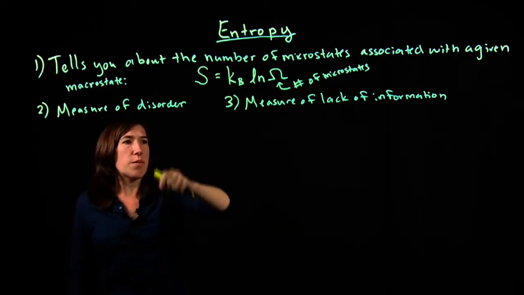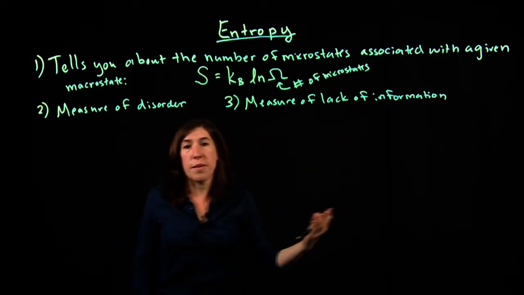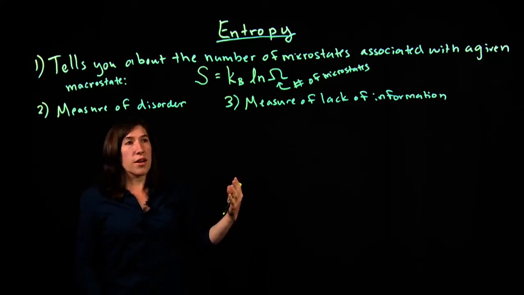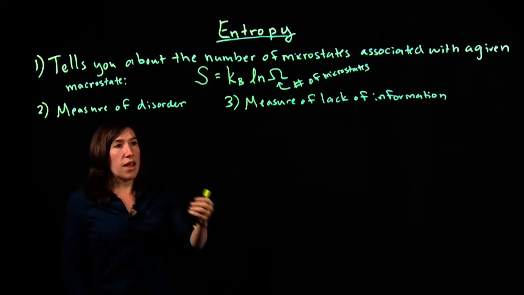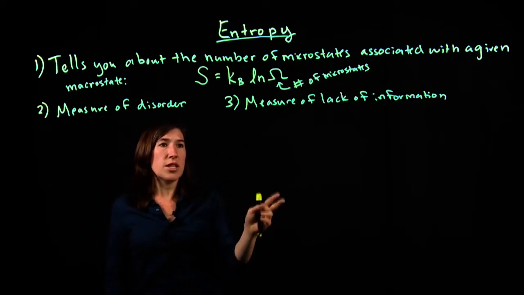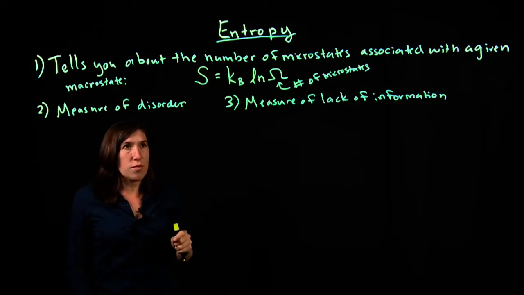So this relationship really tells you that entropy is also a measure of your lack of information. If you only know which macrostate you're in, but you don't know which microstate, then your entropy is telling you how much information you're missing by only knowing the macrostate.